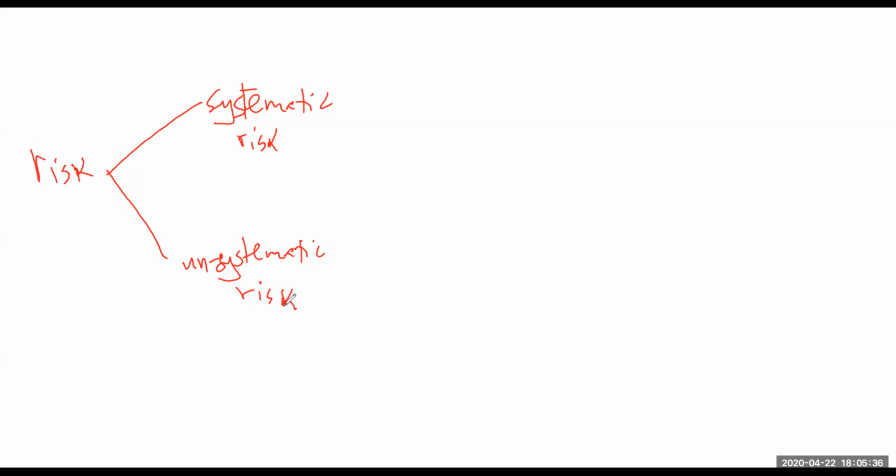Then you have what is called the unsystematic risk, or the non-systematic risk. This risk will be having an impact on investors for a particular firm, for a specific firm. Not all investors in that particular market shall be exposed to that risk.